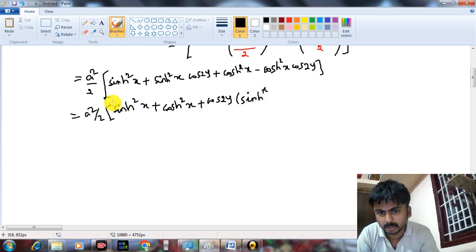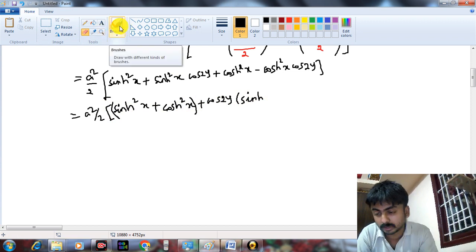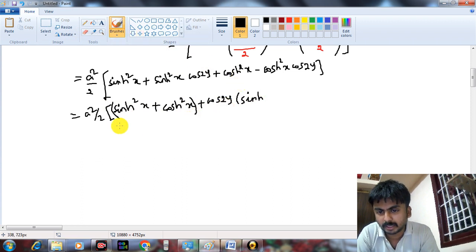Okay, I am adding these two, and as well as I am subtracting these two. That is, I am subtracting both hyperbolic functions. Sin and cos are circular functions, cyclic functions, and sin h and cos h are hyperbolic functions. Now I am adding these two hyperbolic functions here and subtracting these two hyperbolic functions here.